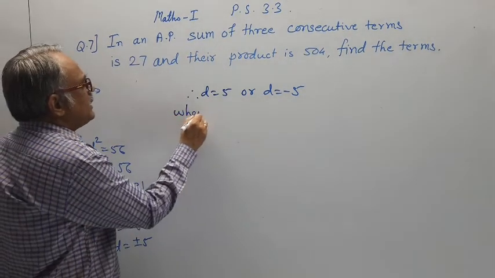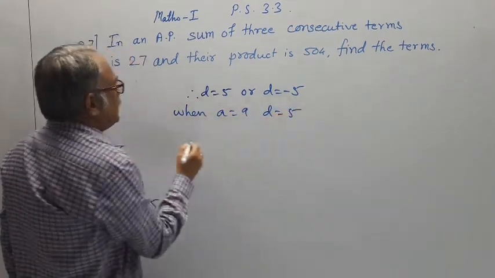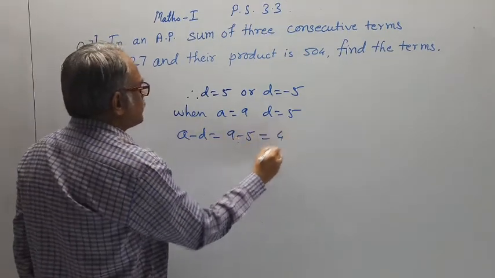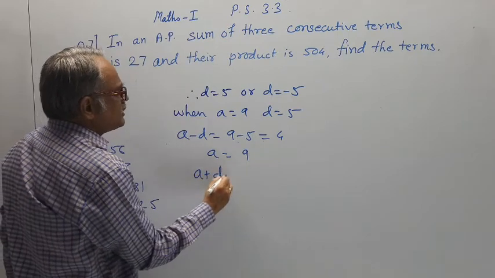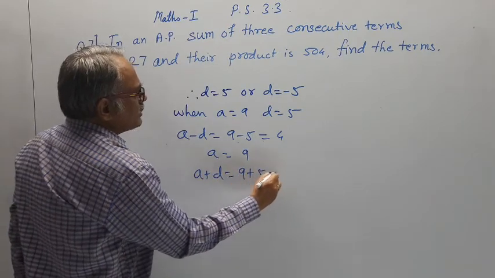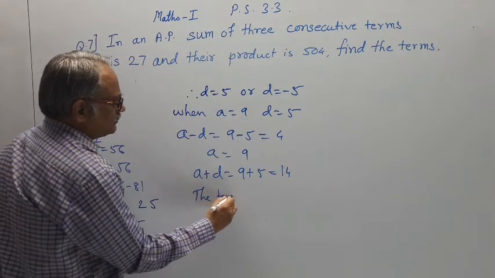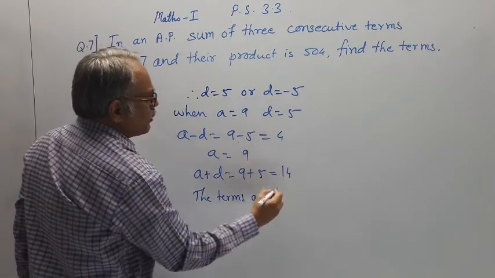When a is 9, d is 5, a minus d is 9 minus 5 is 4, a is 9, a plus d is 9 plus 5 is 14. The terms are 4, 9, 14.